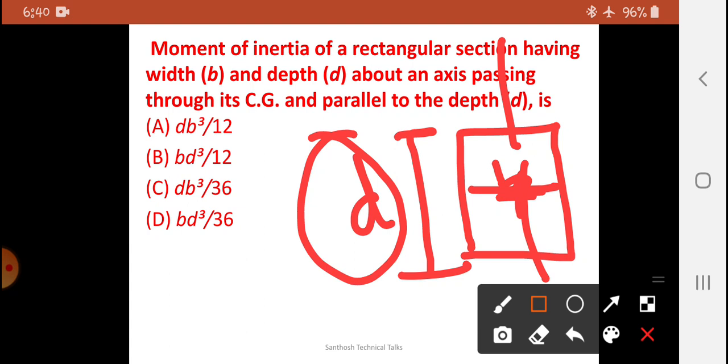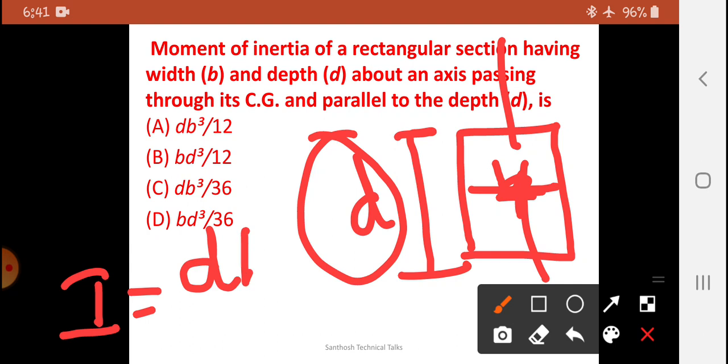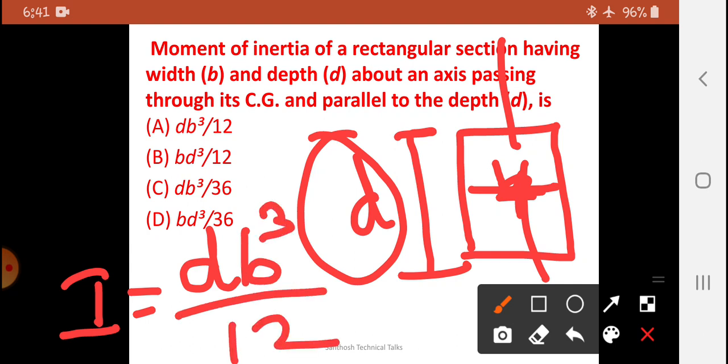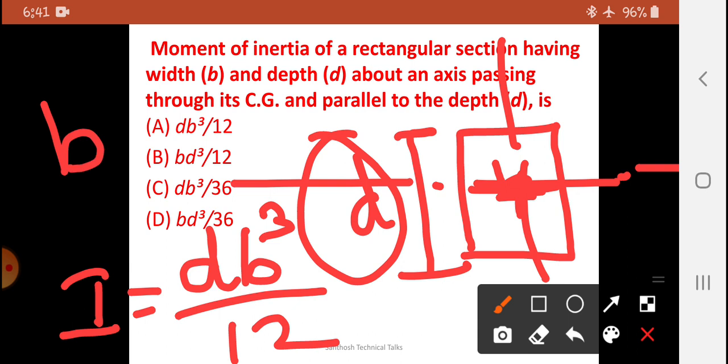When the axis is parallel to the depth, the area moment of inertia is d b cube by 12. If the axis is parallel to the base, if the axis is parallel to the breadth, then it is b d cube by 12.